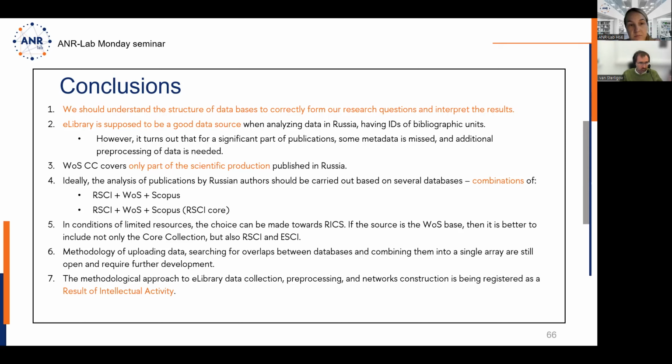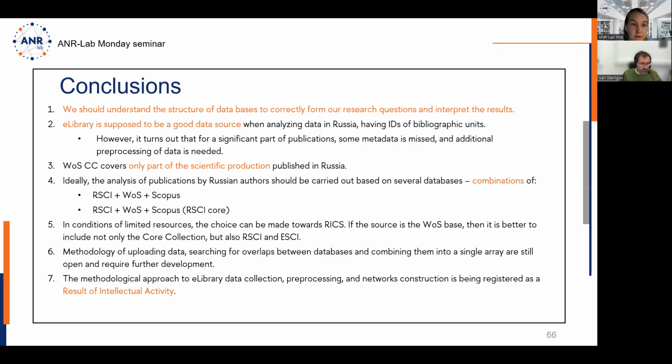Yeah, so talking about methodology, searching for overlaps between databases, and methodology of how to combine different databases into a single dataset, this is still an open question, and this could be the direction for further research.